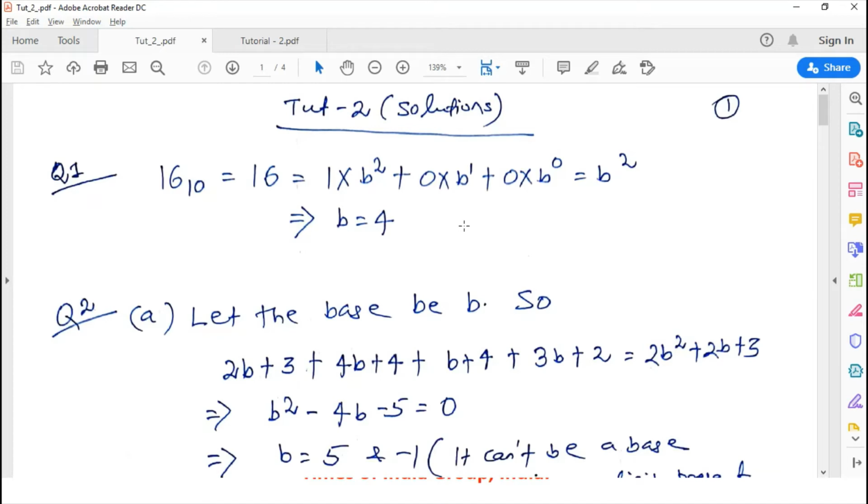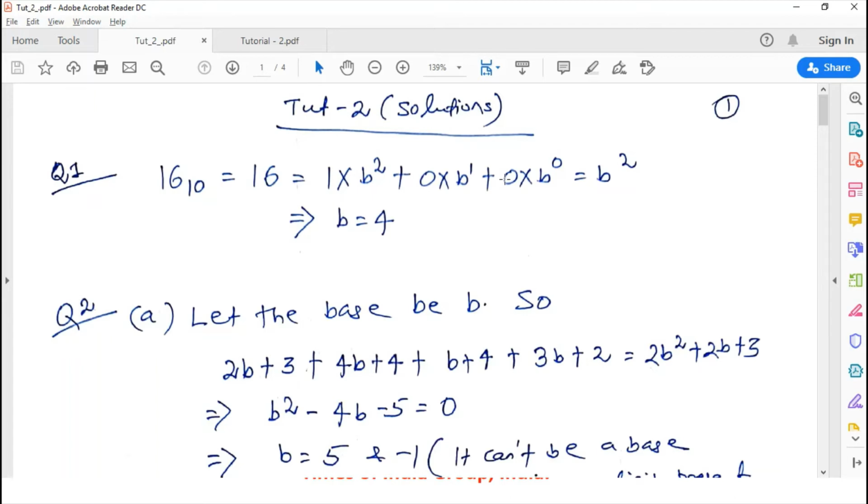So as we know, from decimal to convert that number into binary, we can do some process. But here, on the right hand side the number given is 100. That means 1, then 0 and 0, and the base system is given b.